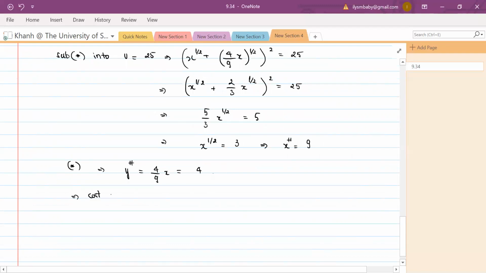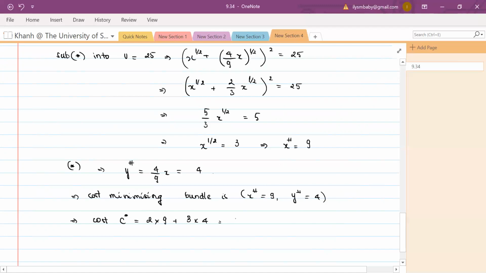So the cost minimizing bundle is x equal to 9, y equal to 4. And the acquisition cost corresponding to this, the cost C star, which is the minimum cost that the consumer will have to spend in order to achieve 25 units of utility, is equal to Px times x, which is 2 times 9, plus Py times y, which is 3 times 4.